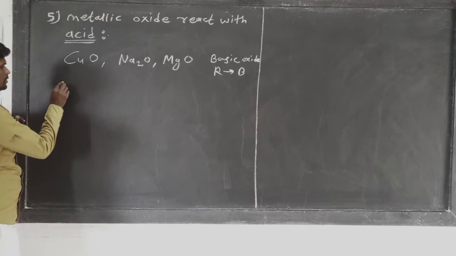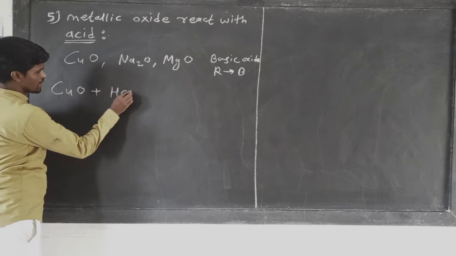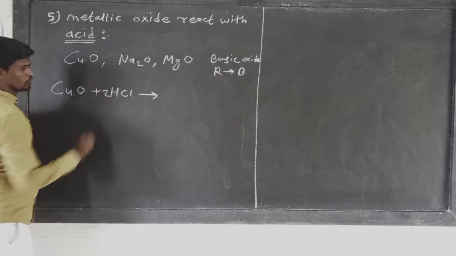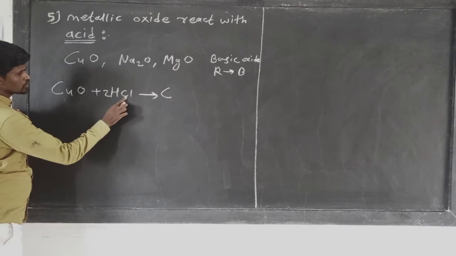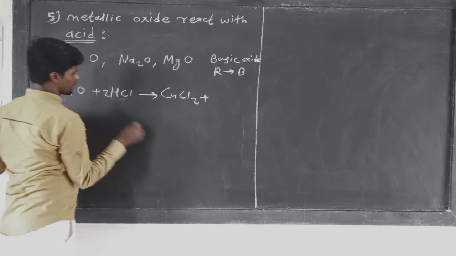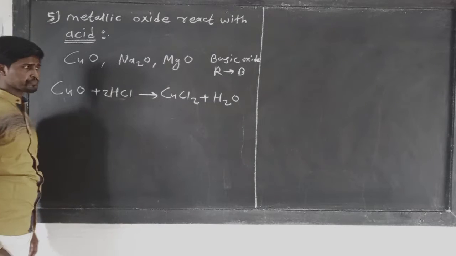For example, copper oxide reacted with hydrochloric acid, two molecules of HCl, gives CuCl2, copper chloride, with byproduct water molecule H2O.